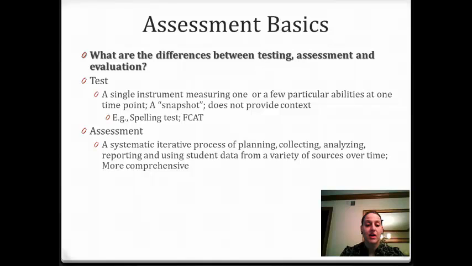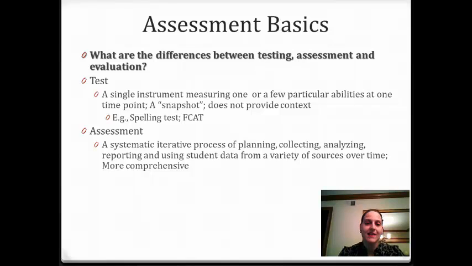Analyzing the student data, you would be looking for strengths to build on from the student, identifying areas of need where you could incorporate more instruction or assistance, reporting student strengths and needs in ways that are beneficial for the students, the teachers, and the school, and then using the student performance to identify what students must learn in order to progress to the next level.